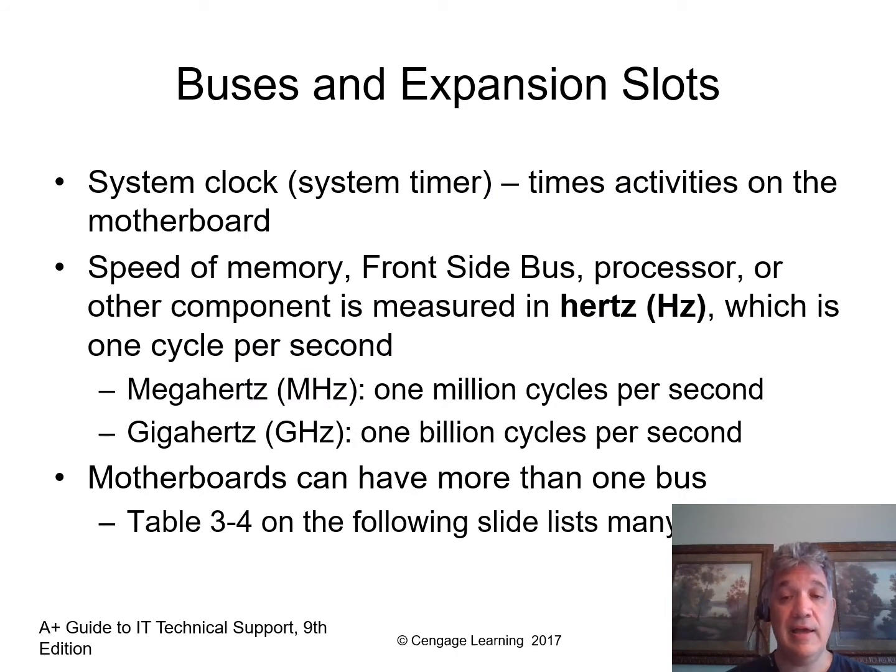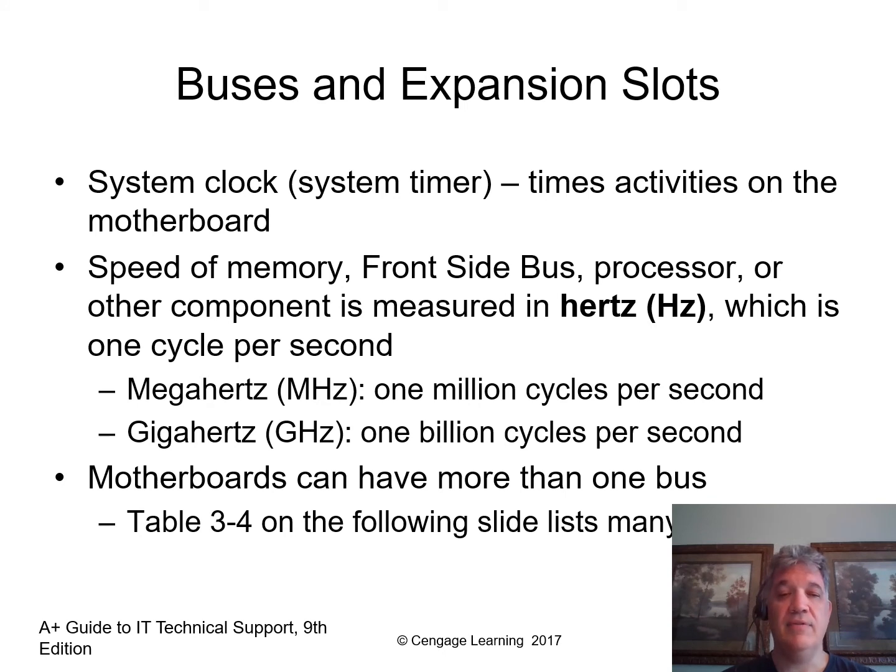The system clock is actually a small crystal that sits on the motherboard, and it vibrates really, really fast when electricity is applied to it. And that rate of vibration is what sets the speed for the other devices on the whole system.